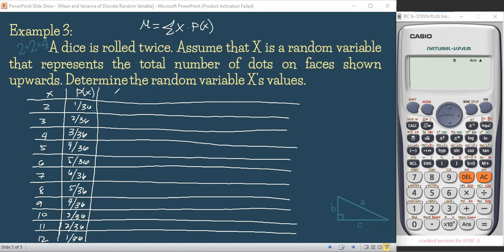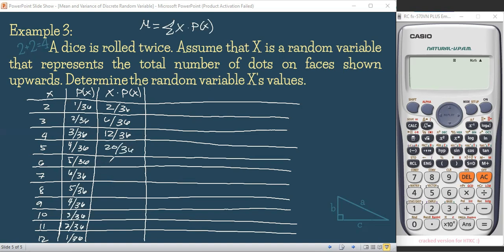So here po, the x times the p of x, i-multiply lang po natin silang dalawa. So we have 2 times 1/36, we have 2/36. 3 times 2/36, we have 6/36. 4 times 3/36, we have 12/36. 5 times 4/36, we have 20/36.